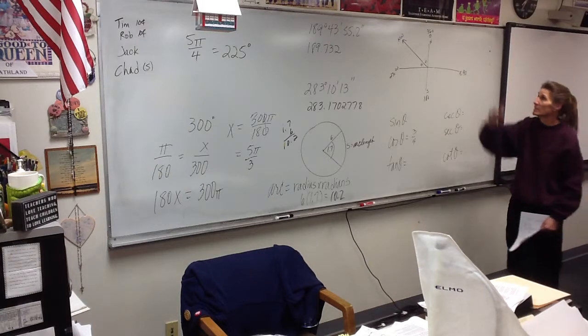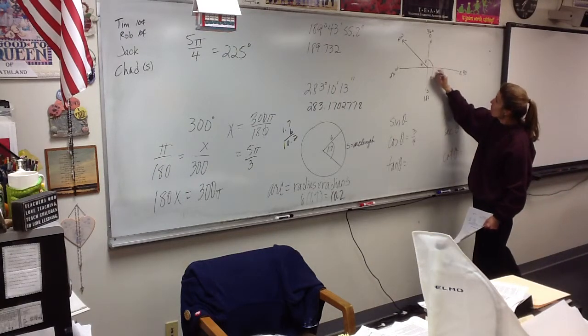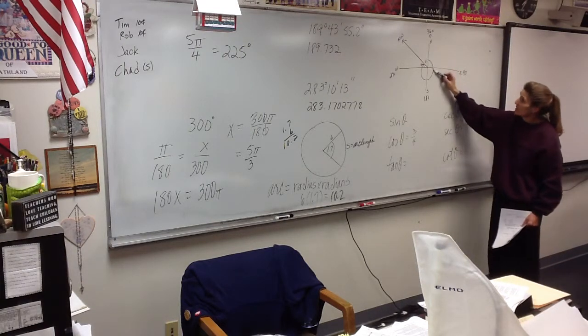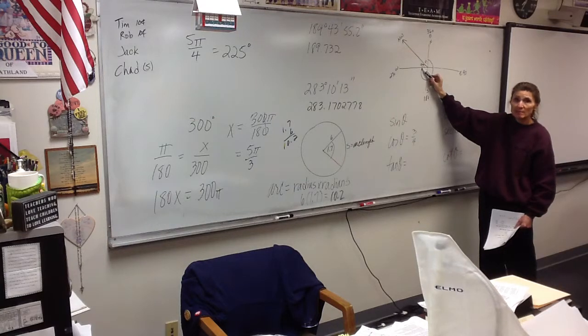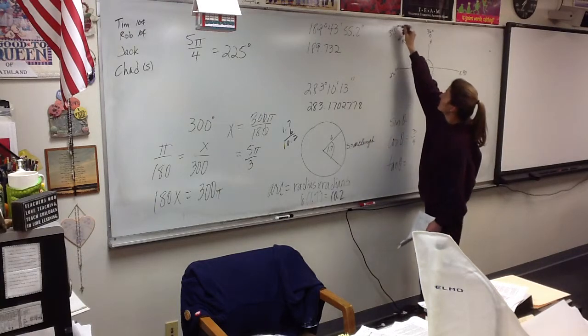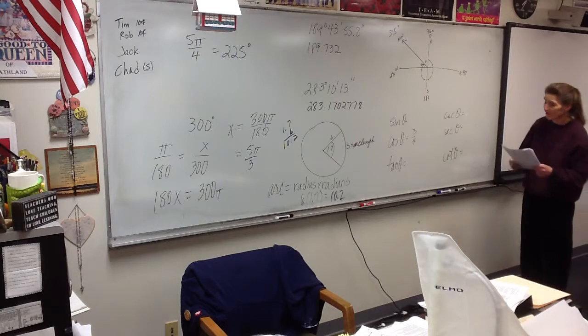Navigation is different, starts at 0 up top. So we need to go all the way around to northwest. So that would be 90, 180, 270, and an additional 45. So that angle measure is 315. 270 plus 45.